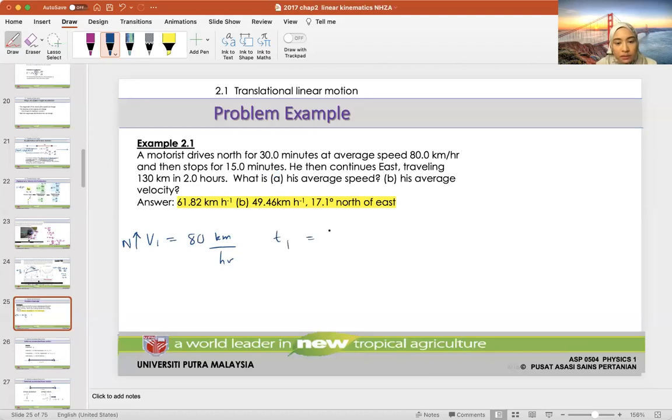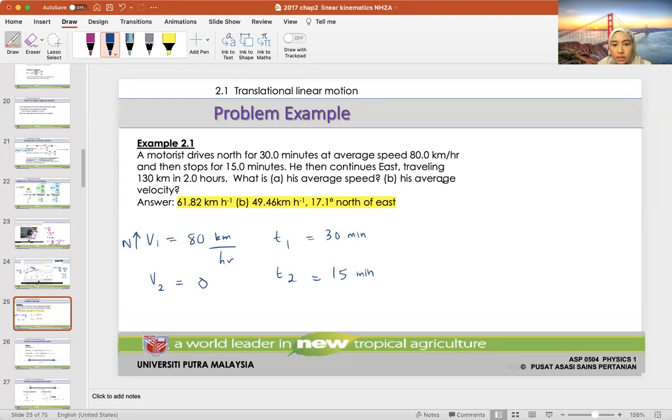T1 is 30 minutes. And then he stops for 15 minutes. V2 is 0. T2 is 15 minutes.